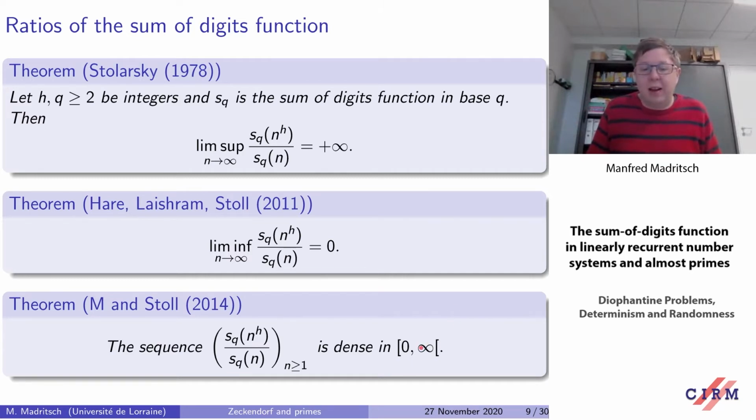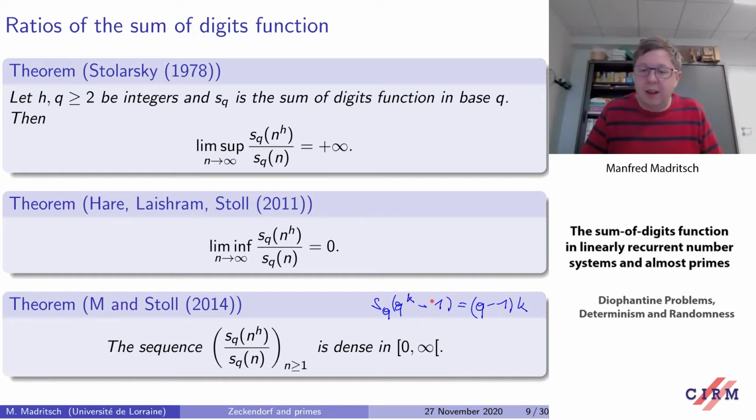So you can take any positive number, and this is an accumulation point of this sequence. And what you need here is the fact that if you take q to the k and you subtract 1, then you have a lot of (q-1)s.